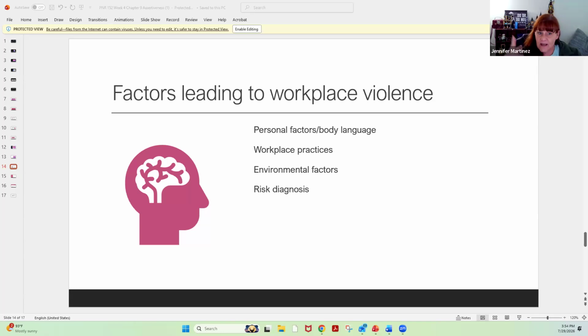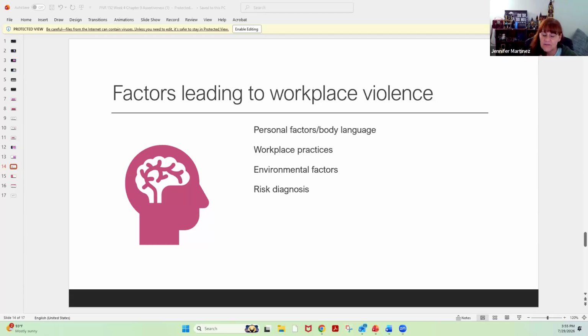But these are things that, unfortunately, within healthcare, I know that you guys have all heard the stories about nurses being attacked and shot and all sorts of things. And my whole goal with this is safety first, being really aware of your surroundings. The other one is risk diagnosis. The majority of assaults occur from a minority of patients.